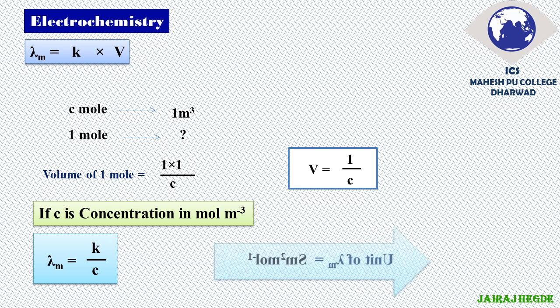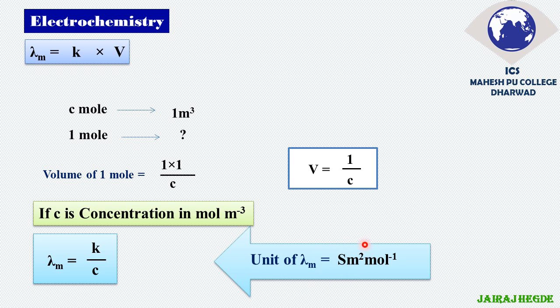So the unit of lambda m will become Siemens meter square per mole, because here it is mole per meter cube and the unit of kappa is Siemens per meter. So meter cube goes over here, meter cube per meter cancels out, and we get Siemens meter square per mole.